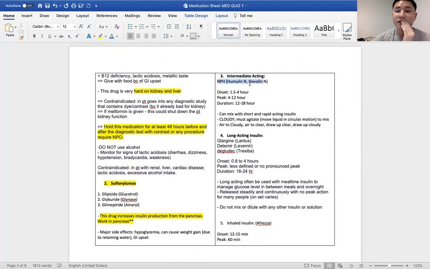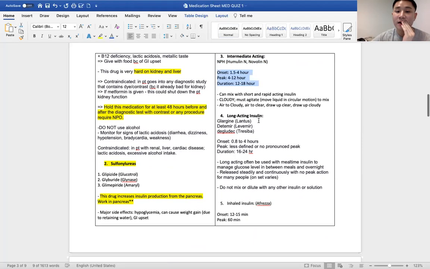Intermediate: NPH, Humulin N, Novolin N. So note this onset. Intermediate insulin can be mixed with short and rapid acting insulin. So that is important to remember. It is cloudy, so it needs to be agitated, meaning move the insulin in circular motions to mix.